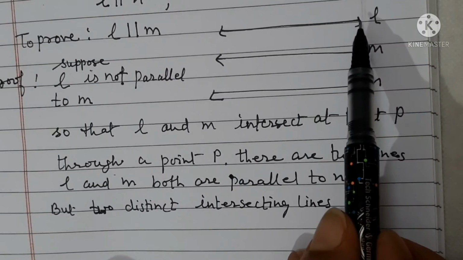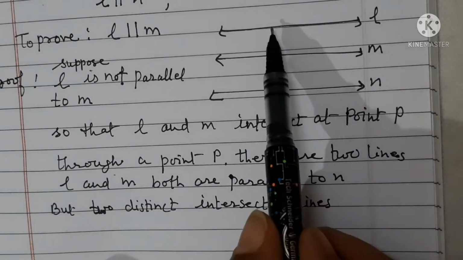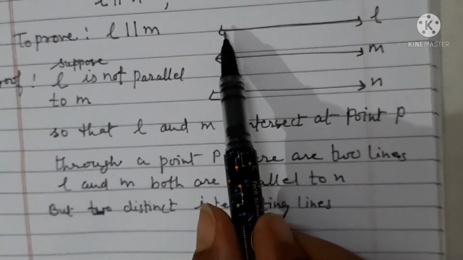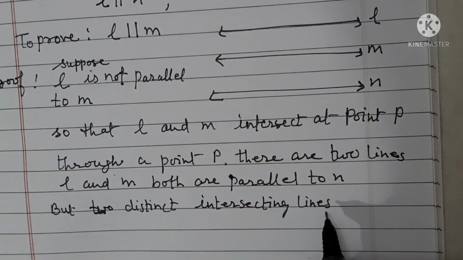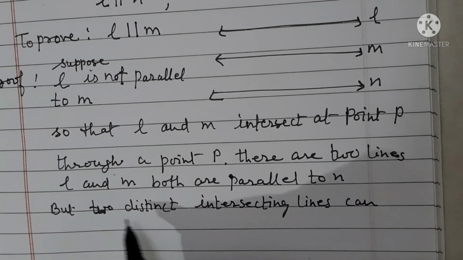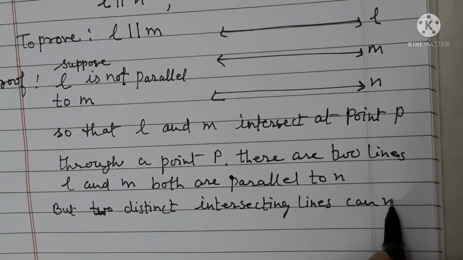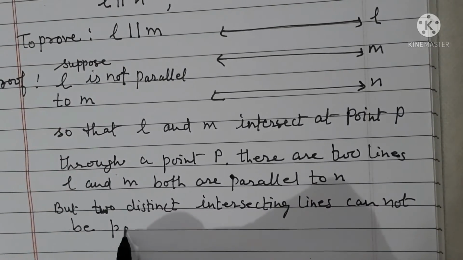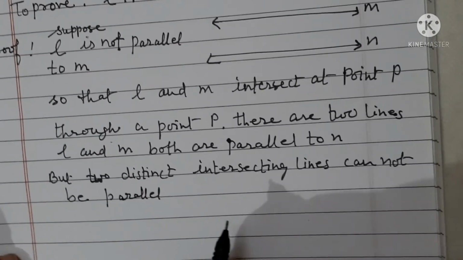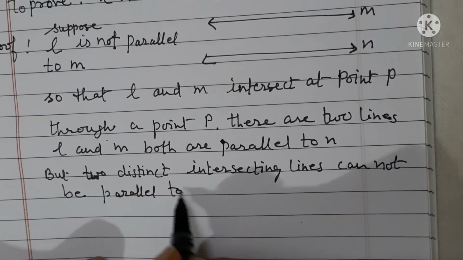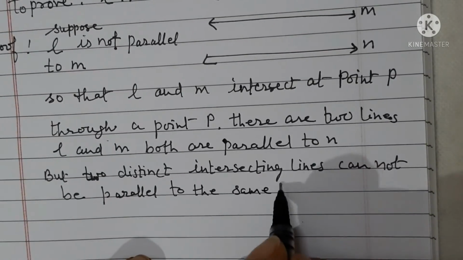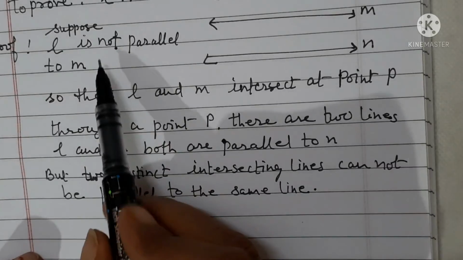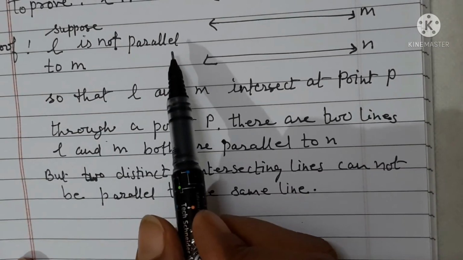Because when we suppose L and M are not parallel, it means they will meet at the point P, and these two distinct intersecting lines cannot be parallel to the same line. So what we have supposed is not right.